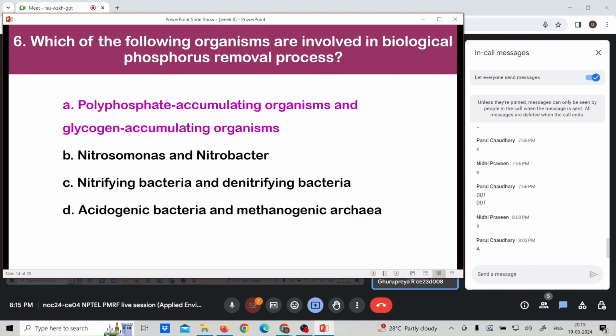Glycogen accumulating organisms are in competition with phosphorus accumulating organisms. The competing factor between PAO and GAO is the carbon source. Both have the tendency of accumulating polymers like polyhydroxyalkanoate and polyhydroxybutyrate.